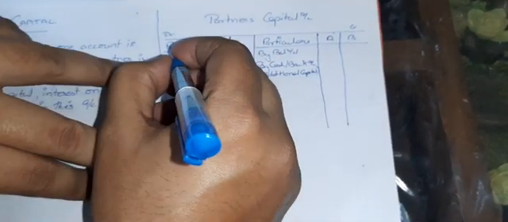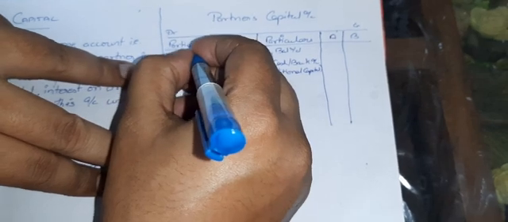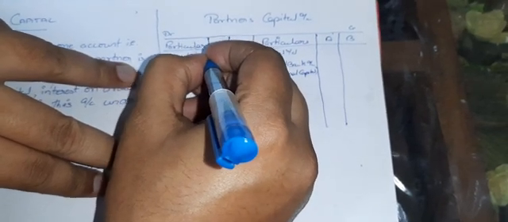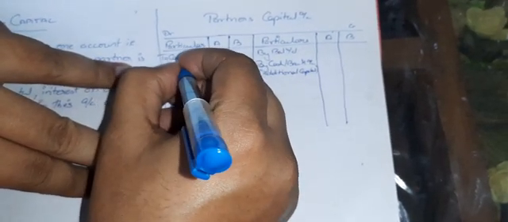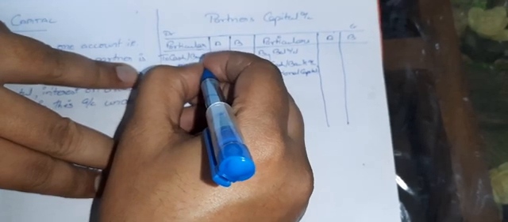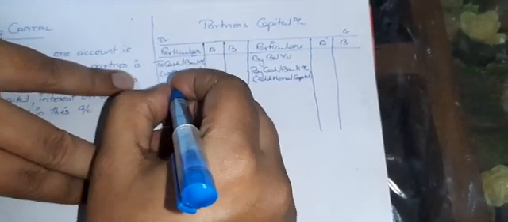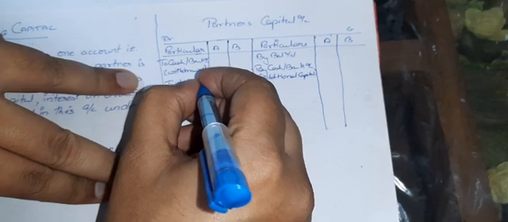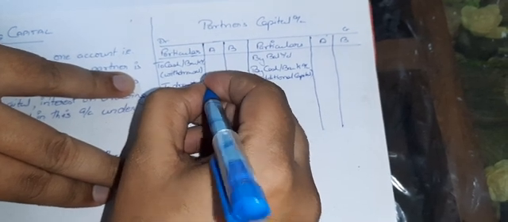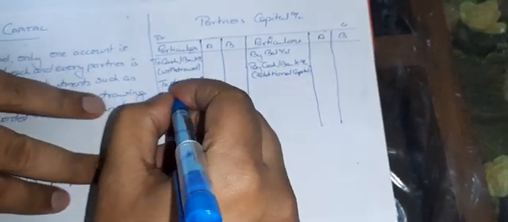Or if we have withdrawn, it will be on the debit side, that is to cash or bank, that is withdrawal of capital. If we have done any drawings, it will be written on the debit side to drawings account. If we have given interest on drawing, to interest on drawing account.